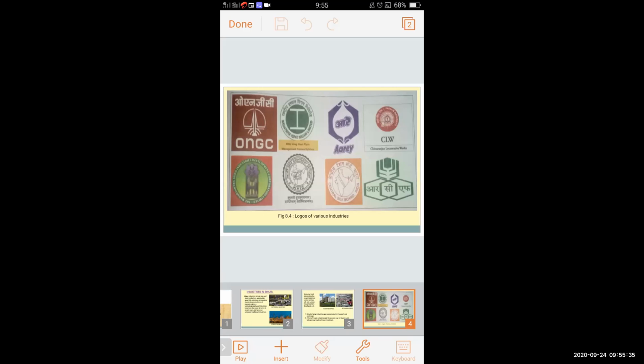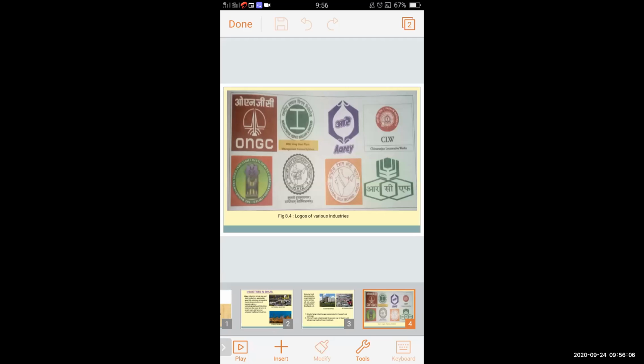On this logo, it is written RA. It is a milk colony neighborhood in Goregaon, and the raw material used is milk. Next, CLW means Chittaranjan Locomotive Works.